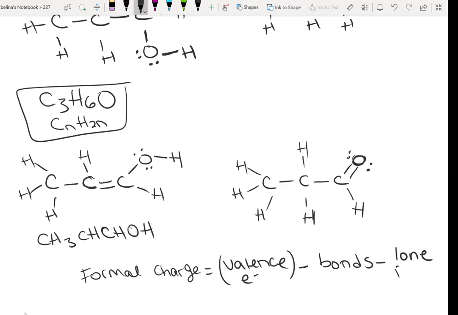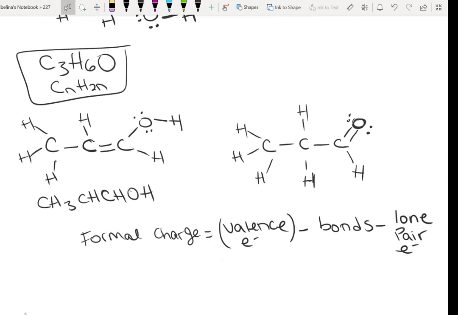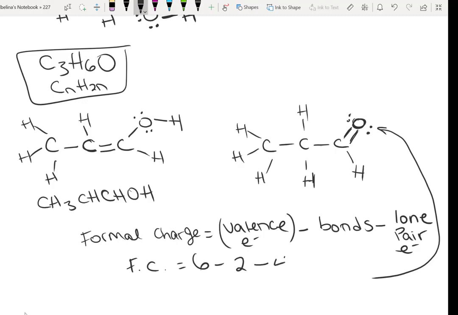So not just the lone pair, you have to count both electrons. So let's say we're talking about this oxygen here, and the formal charge is going to be 6 because that is the number of valence electrons of oxygen, a group 6 element. That oxygen in that molecule has 1, 2 bonds. That oxygen has 1, 2, 3, 4 lone pair electrons. So that gives me 6 minus 2 minus 4, 0.